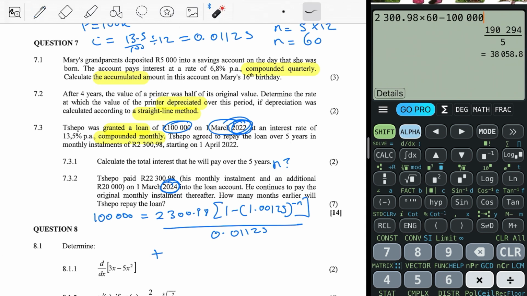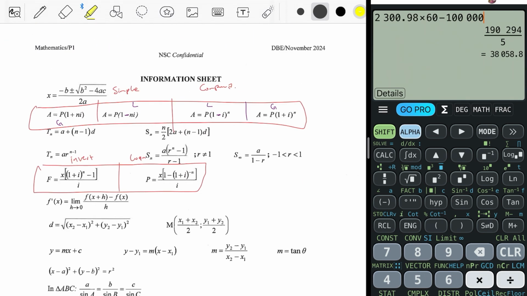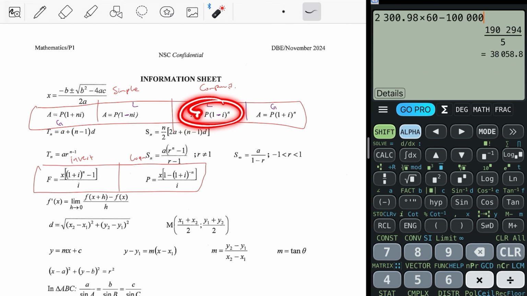He paid 20,000 once and it's compound interest, but this is a loan. So that means it's a reducing amount. So again, it's compounded and it's a loan, so it's a reducing amount. So we need to use this formula here.